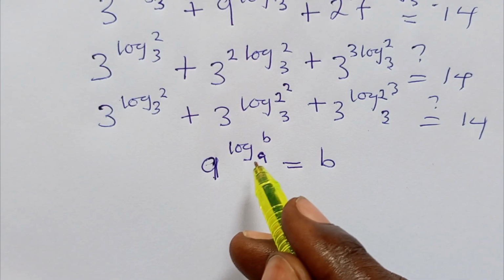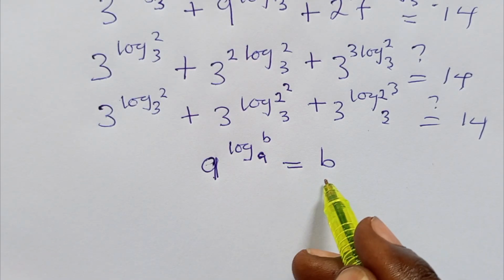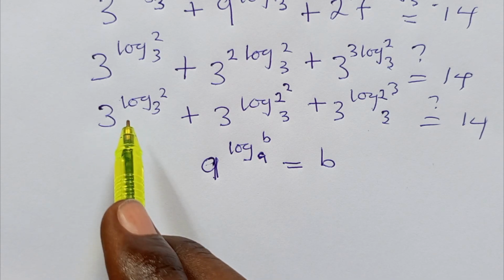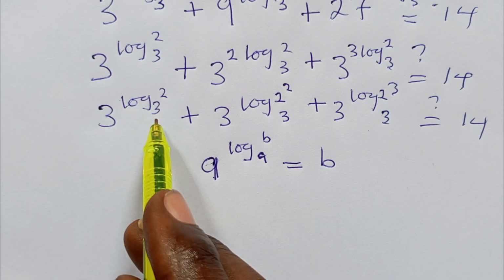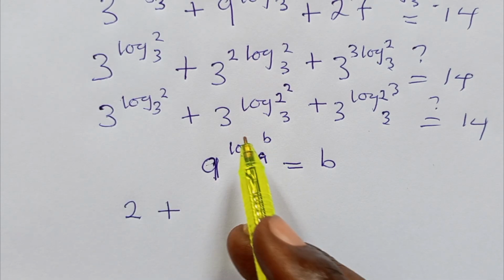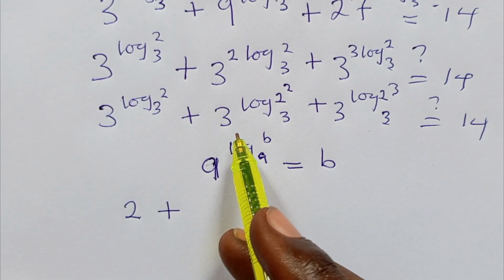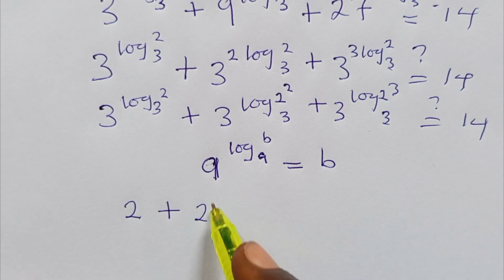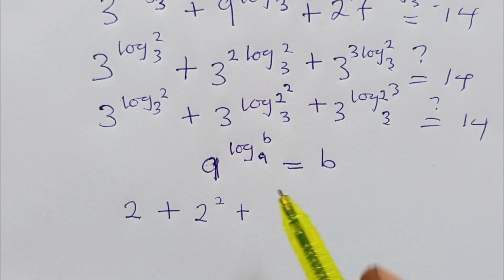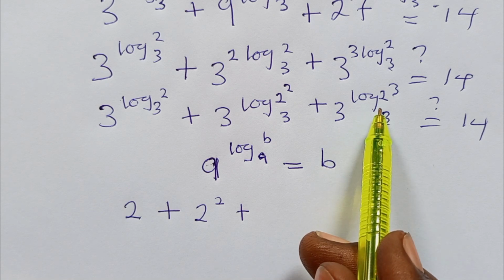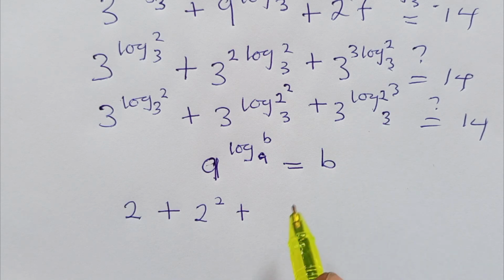So applying that here, 3 to the power of log 2 base 3 is going to be 2, plus 3 to the power of log 2 squared base 3 is going to be 2 squared, plus 3 to the power of log 2 cubed base 3 is going to be 2 cubed.